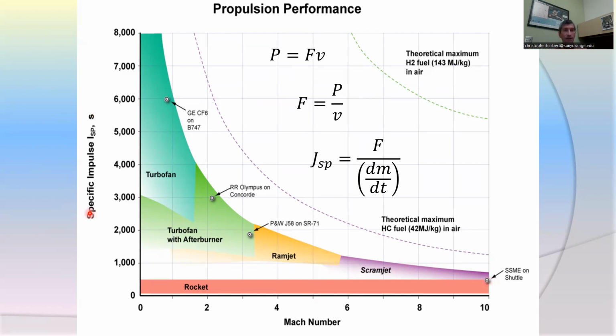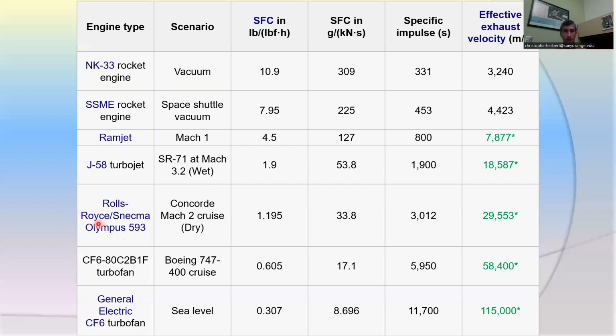So you'll see different engines rated not only in terms of their exhaust velocity, but also what is their specific impulse. That's a real nice way. When we do apples to apples, going at the same speed, looking at the specific impulse really tells us our efficiency, because it tells us how much fuel we're burning to obtain a particular amount of thrust.